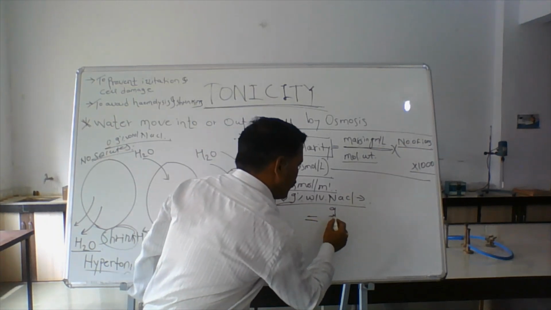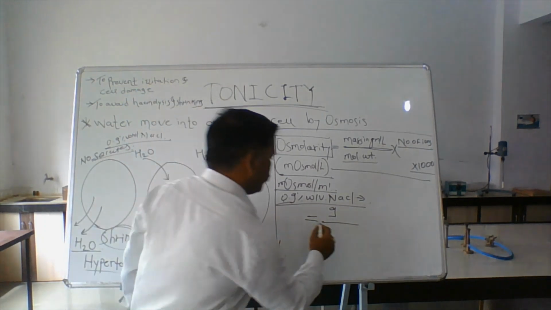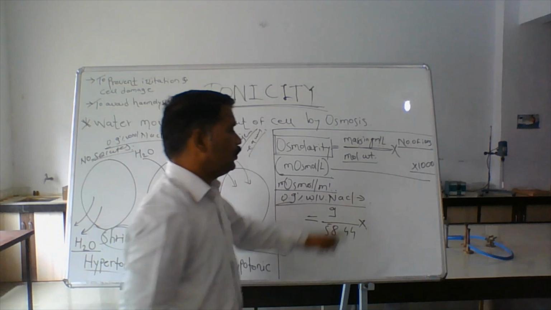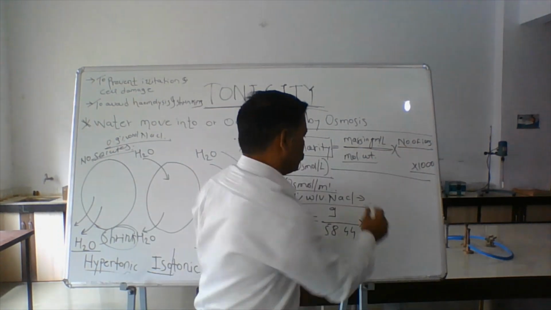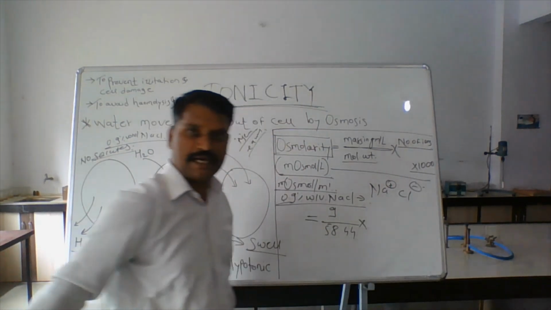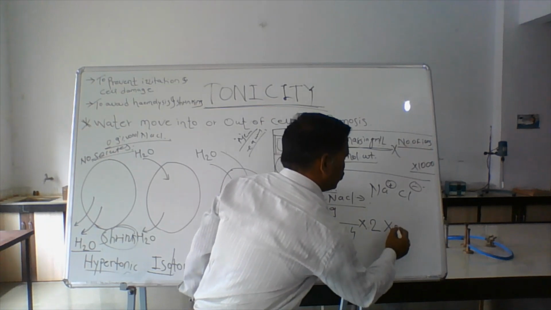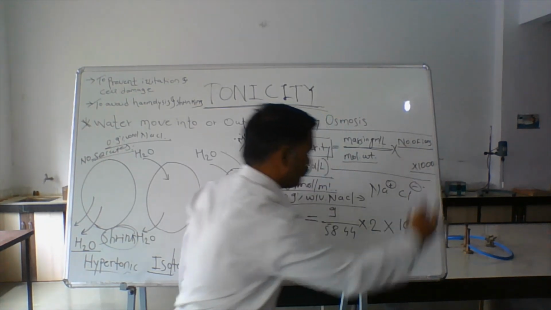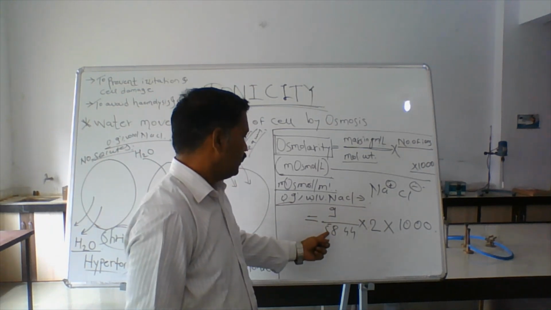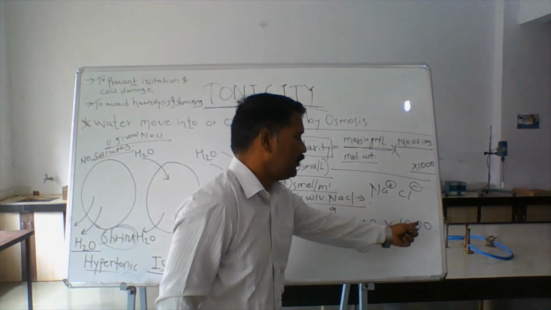The molecular weight of sodium chloride is 58.44, multiplied by the number of ions, sodium plus and chloride minus, so these are 2 ions, so 2, and 1000.